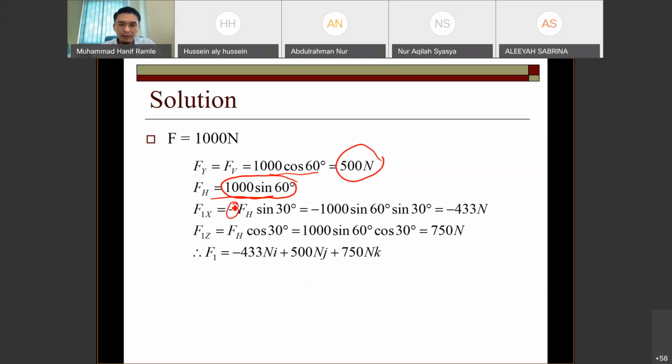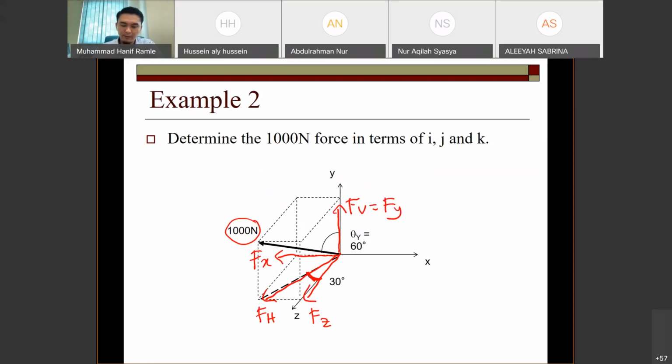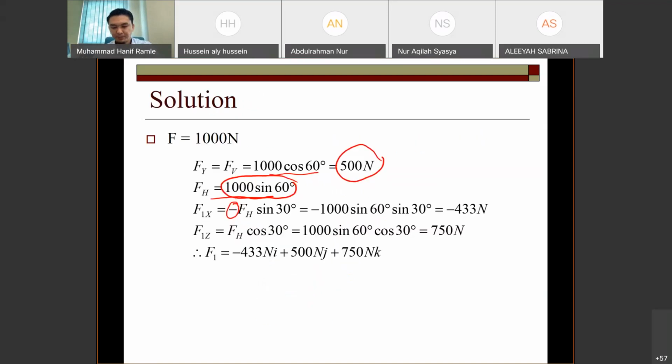Don't forget to put the sign, because the force acting on the x component is negative: negative x, positive y, positive z. So Fx equals negative Fh sine 30. Substituting Fh into this equation, you will get the final answer for the x component, negative 433 Newton.